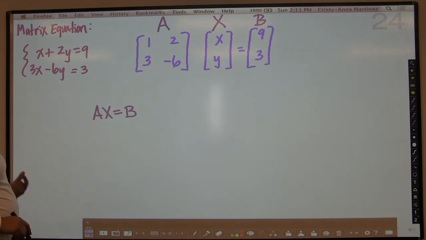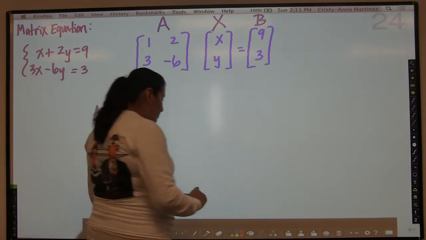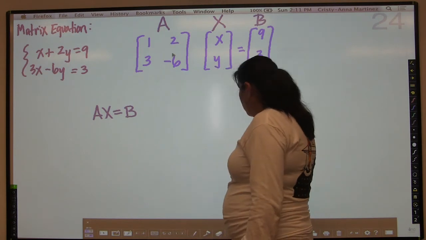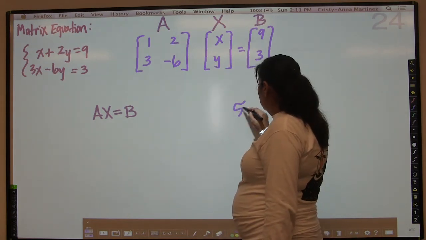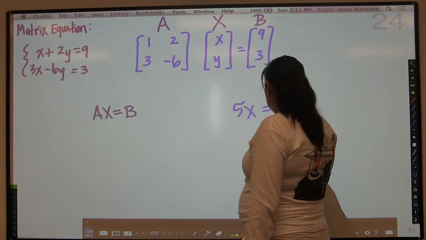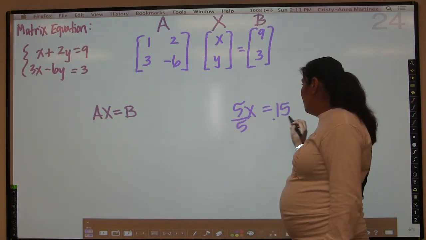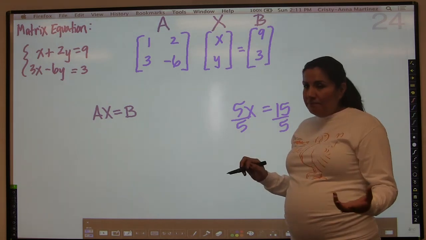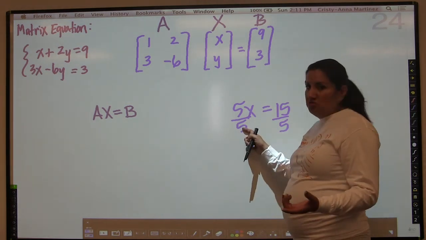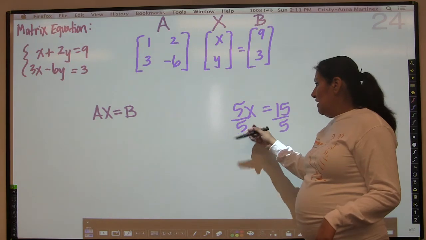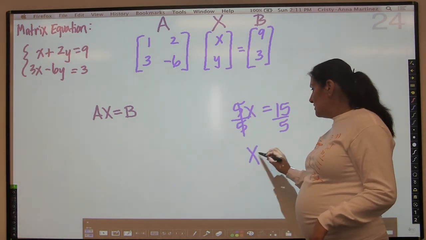What I do want you to be aware of is, I talked earlier about this kind of thing, and it's almost the exact same thing. Why is it that division by 5 works? Think about that. Well, it's because the inverse of multiplication is division, and then it cancels, and you just get x.